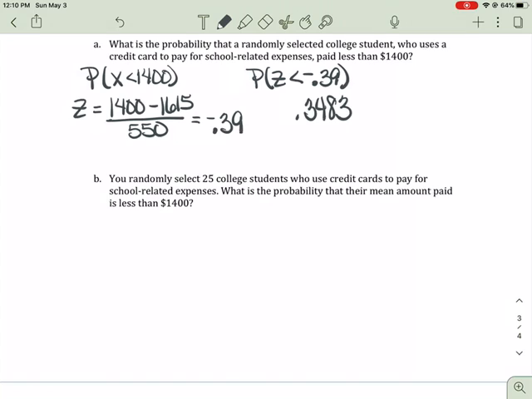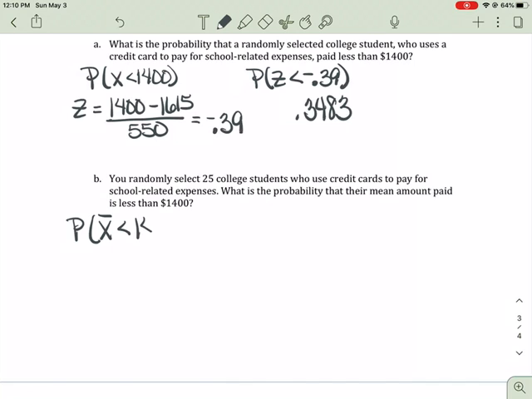All right, so now we're going to randomly select 25 college students who use credit cards to pay for school-related expenses. What is their mean amount? Is it less than 1,400? So is there a difference between a single person and a sample of 25?